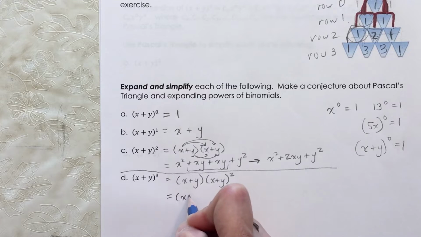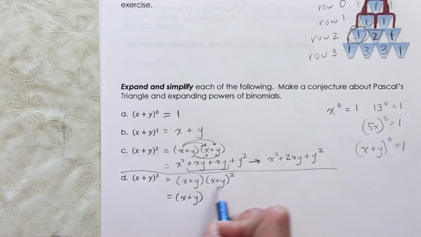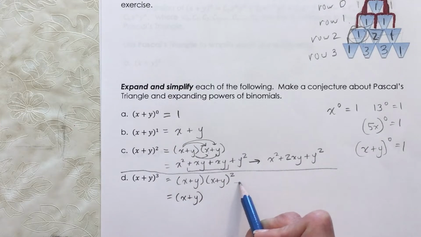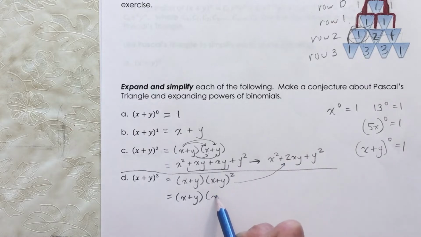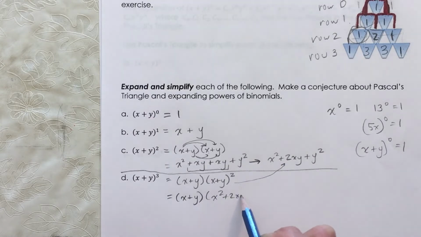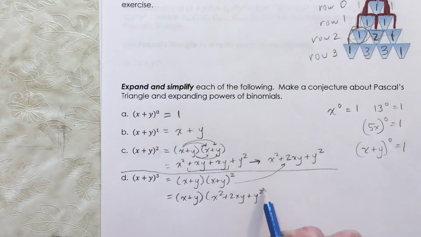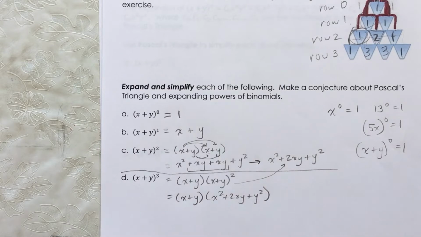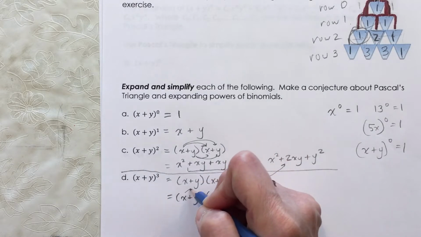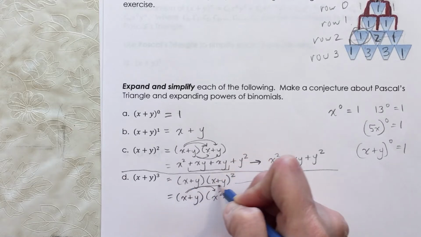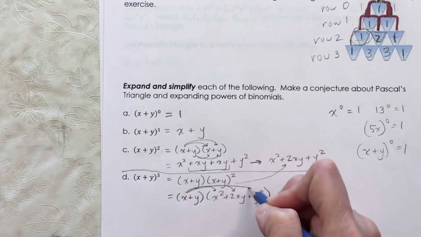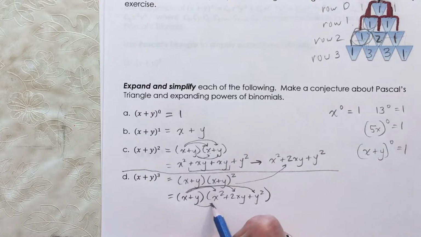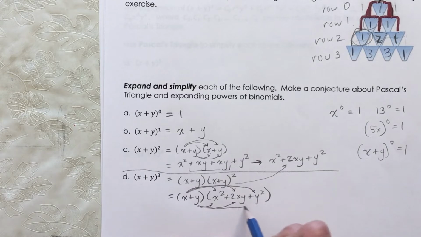And we just figured out in part C that x plus y squared was equal to this. And then I can use the FOIL idea again, but it's a lot. I've got 6 multiplications to do. 3 here, and then 3 more to do here.